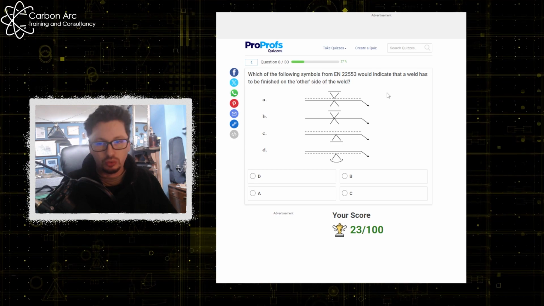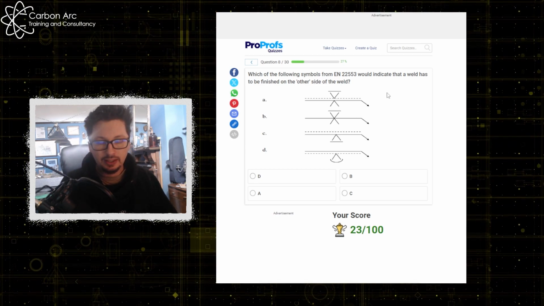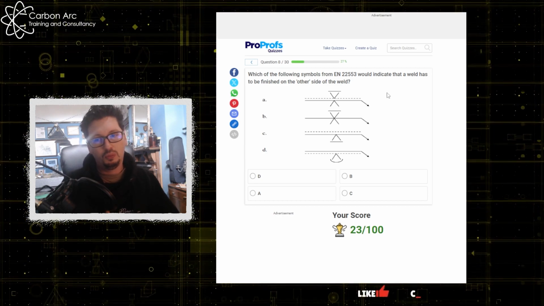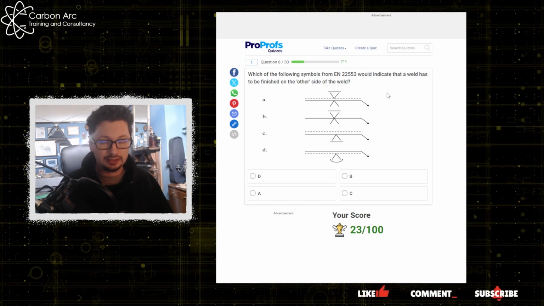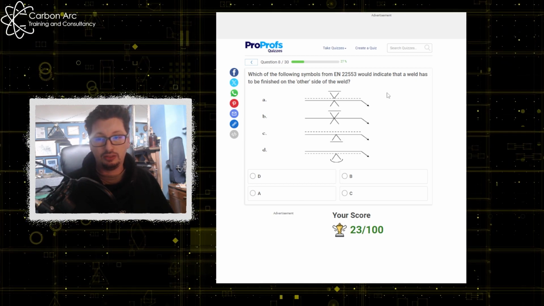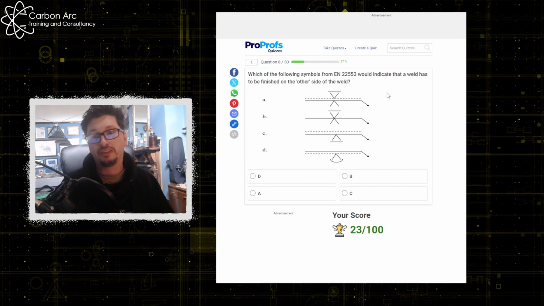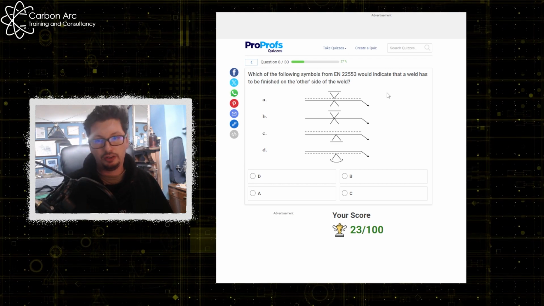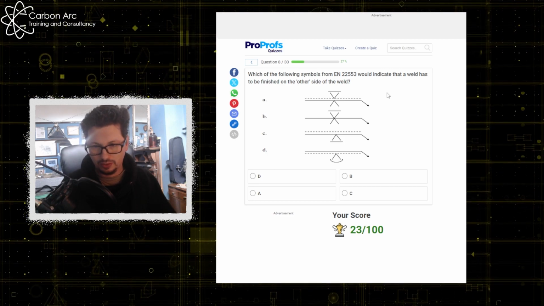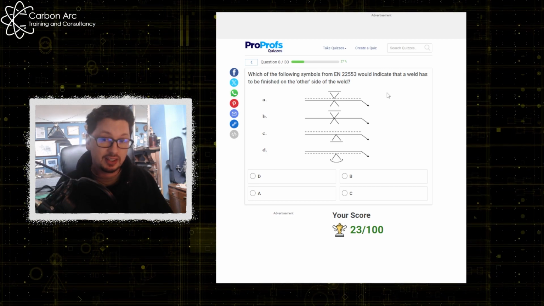Okay, so we can get rid of B because B is incorrect. It's only got one line, it hasn't got a dotted line. Now that is potentially possible within EN 22553 if both sides are the same, because it doesn't matter if it's other or our side. So you know that's wrong, but could be American.